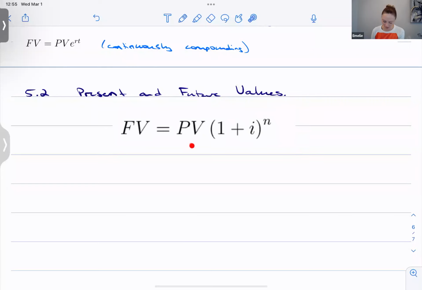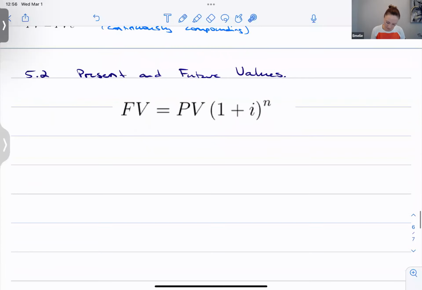Or P, I guess, but I've got PV everywhere. And then times 1 plus i, the periodic interest rate, to the power of n. So notice the structure of the formulas is similar, but it changes in terms of how the compoundings and the periodic interest rate work.